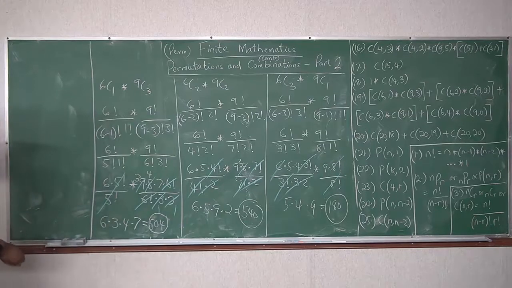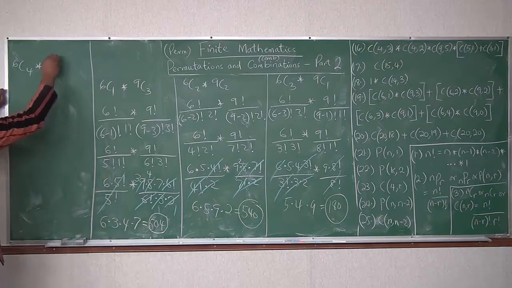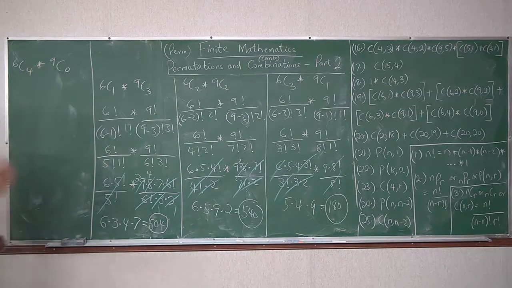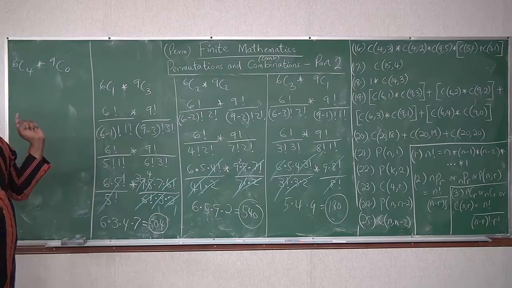We have 6 come 4 times 9 come 0. I hope you know the formula we did. We said that 6 come 4 is the same as 6 come 2.